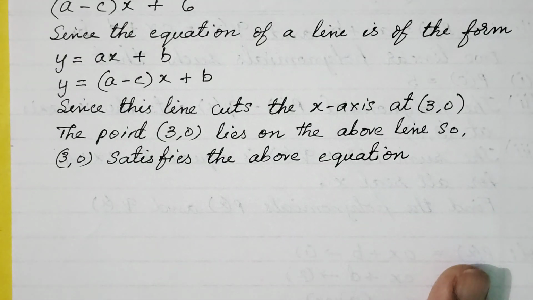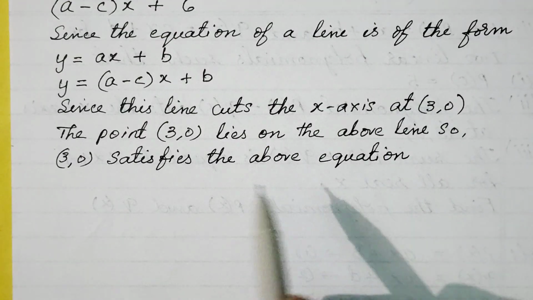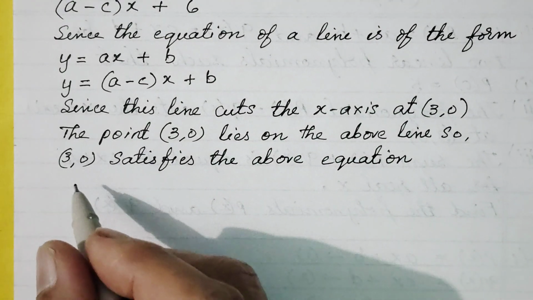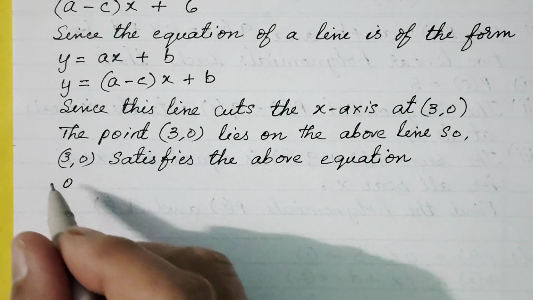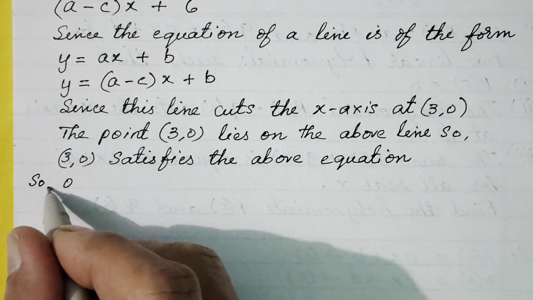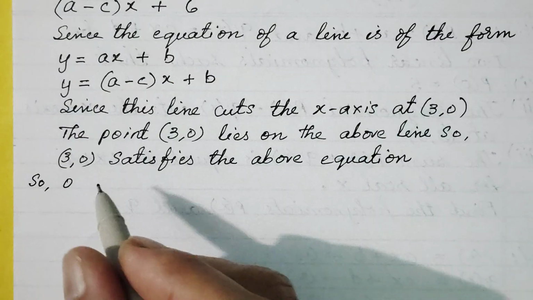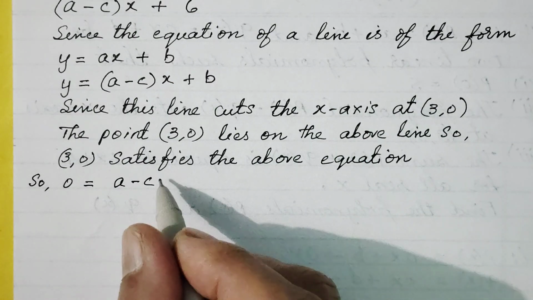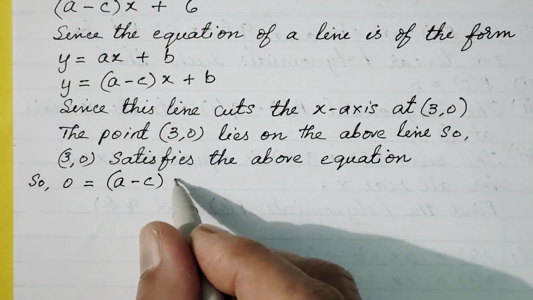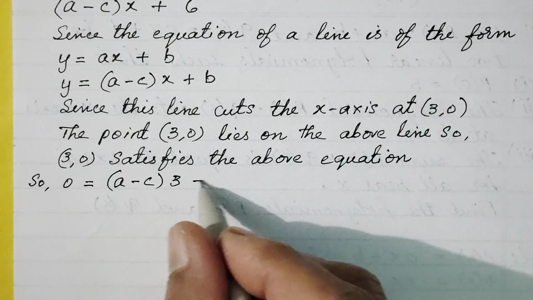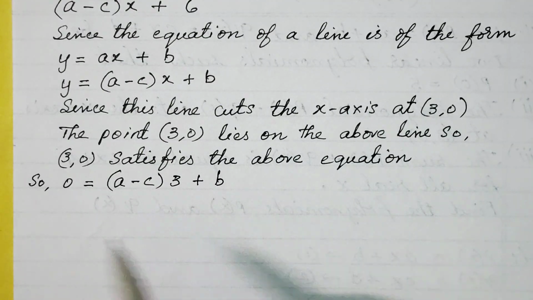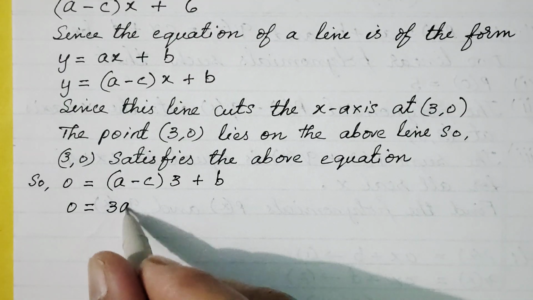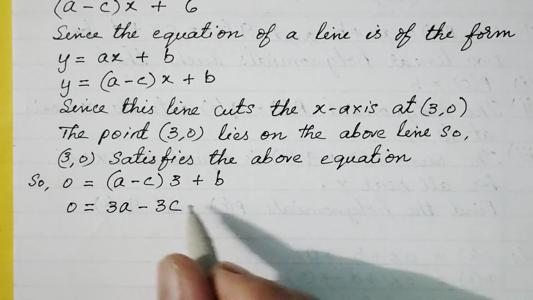So when (3, 0) satisfies the equation, I can replace x with 3 and y with 0. So 0 is equal to a minus c into 3, x is 3, plus b. So 0 will be equal to 3a minus 3c.